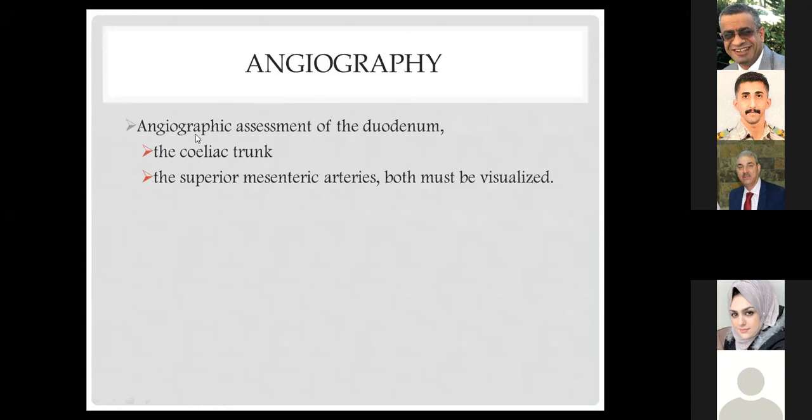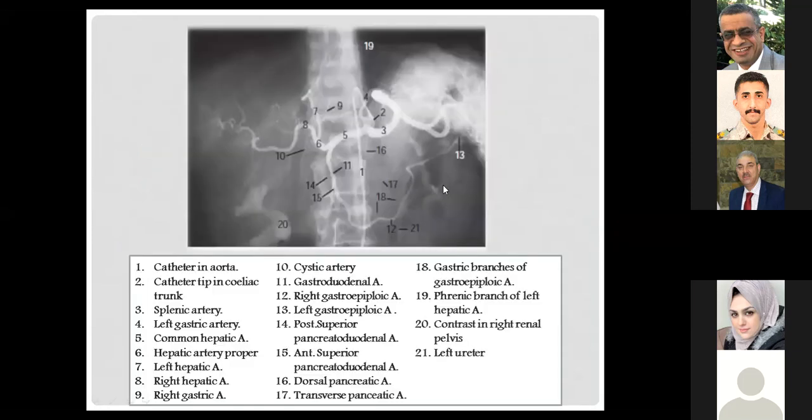The angiography. The angiographic assessment of the duodenum will include two arteries, the celiac trunk and the superior mesenteric artery. Both must be visualized. This is the celiac trunk.